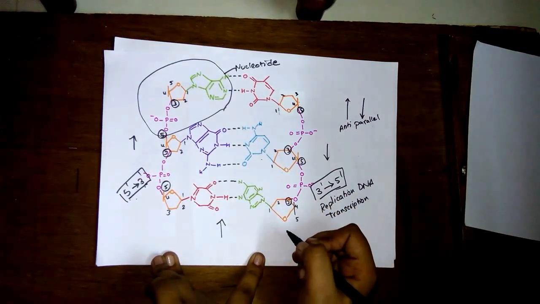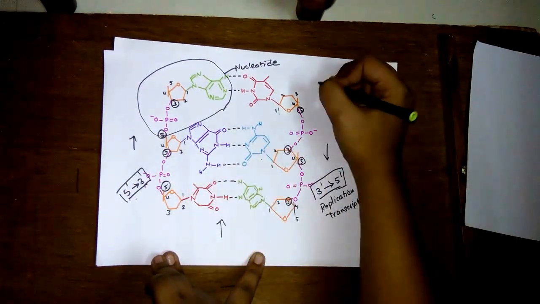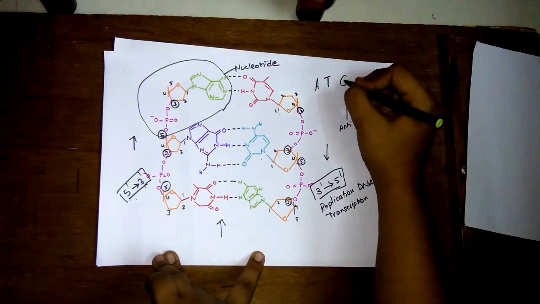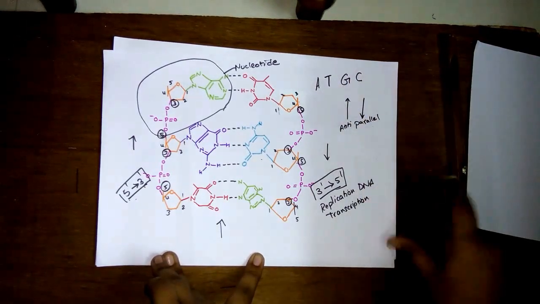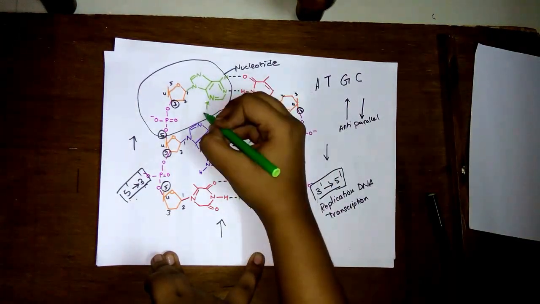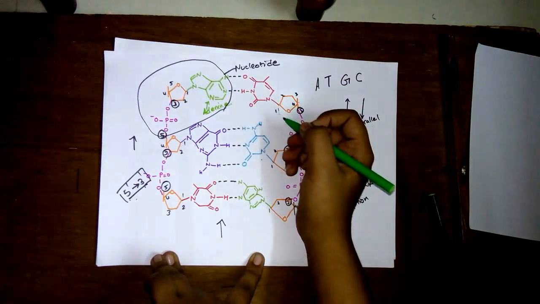So next, when we come to the bonding of the nitrogenous bases, in the previous video I told you that adenine bonds with thymine and guanine bonds with cytosine. And over here you could see this is an adenine molecule.